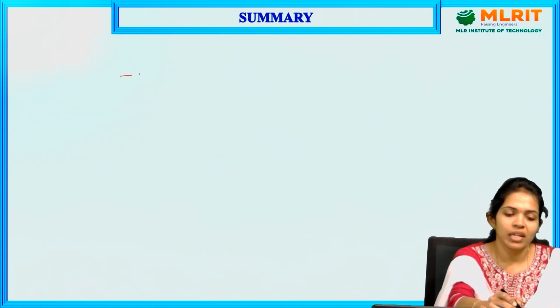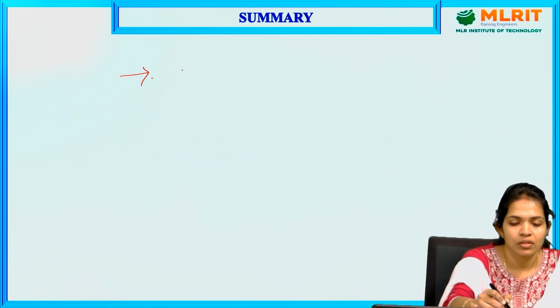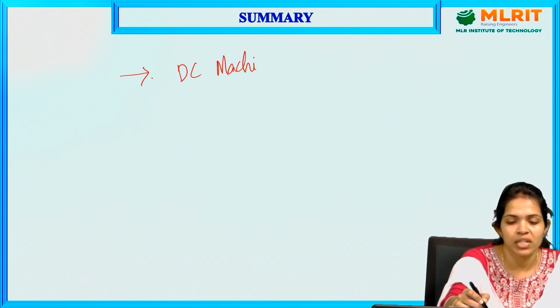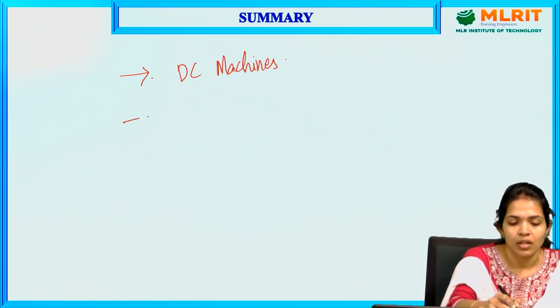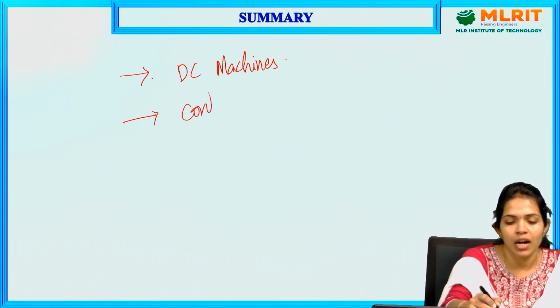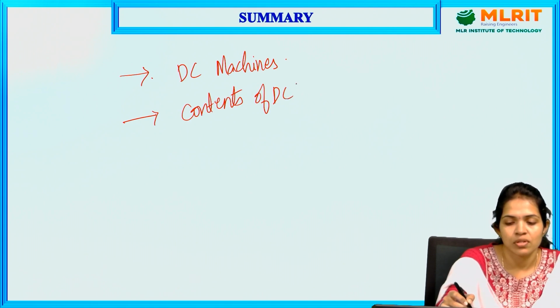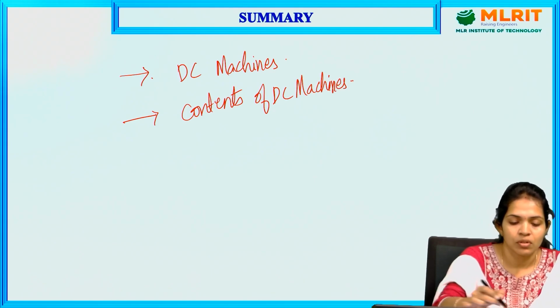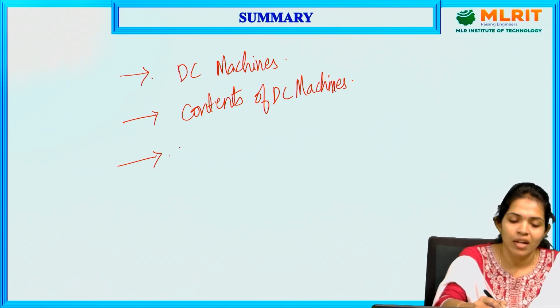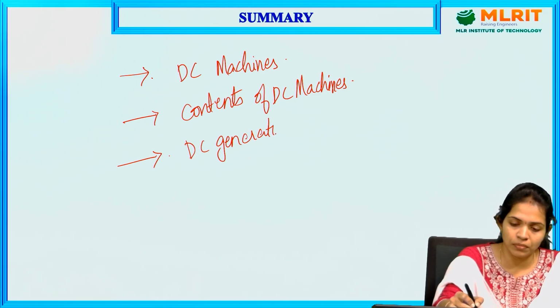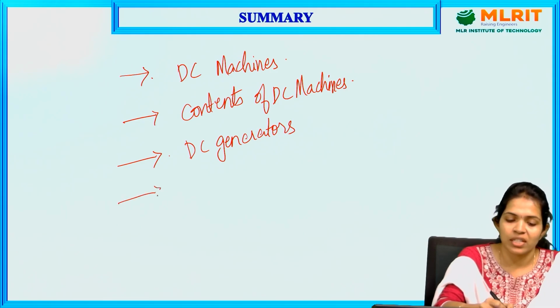So in summary, we have discussed what the DC machines course is and its importance, and the contents of the DC machines course, which I am going to discuss throughout this course. We have seen 4 units about DC generators and various topics related to DC generators.